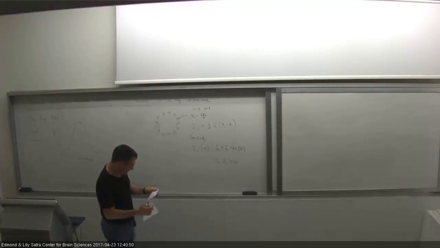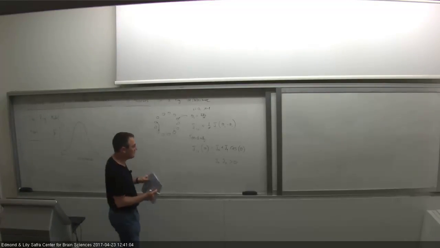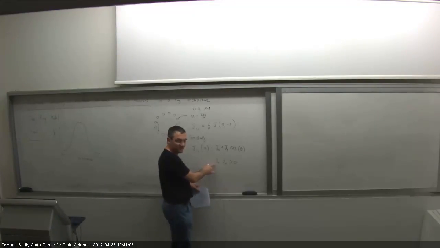Let's see what else is missing. I'm not sure why J0 and J1. These are just parameters. What do they represent in the model?